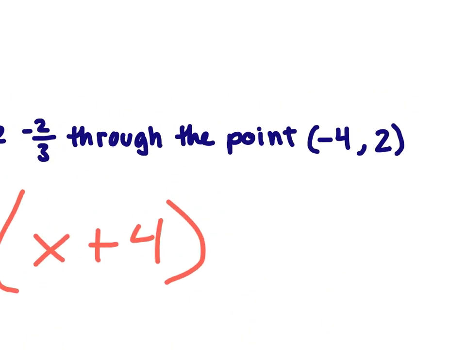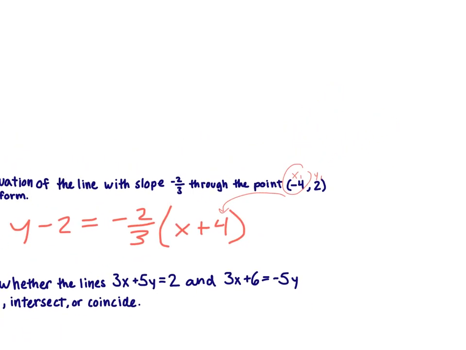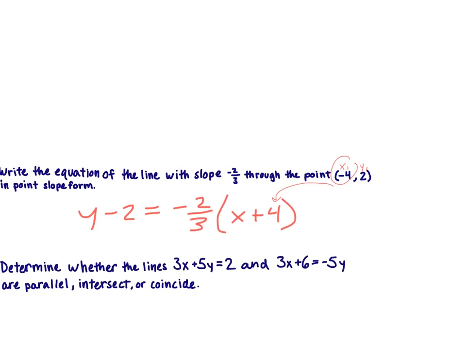Because this is our x1, this is our y1. So the x1 goes here, but remember the equation is minus x1, so we have to change the sign. So minus negative 4 would be plus 4. Good job.